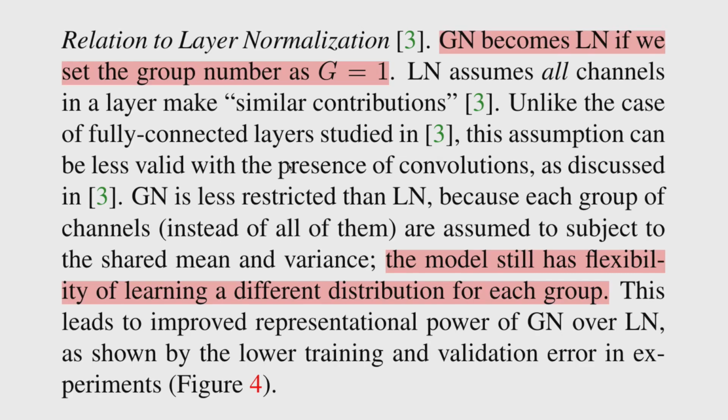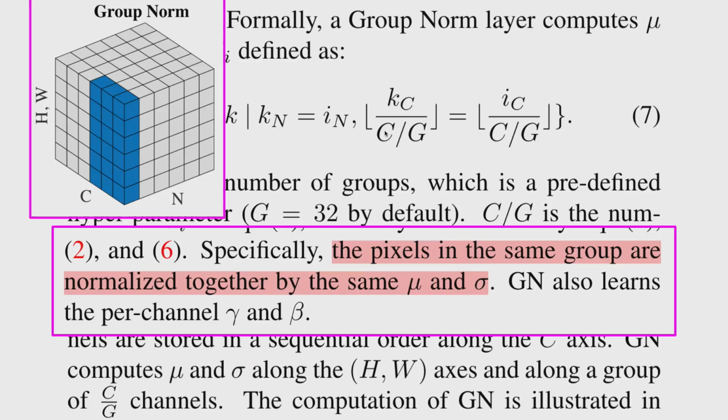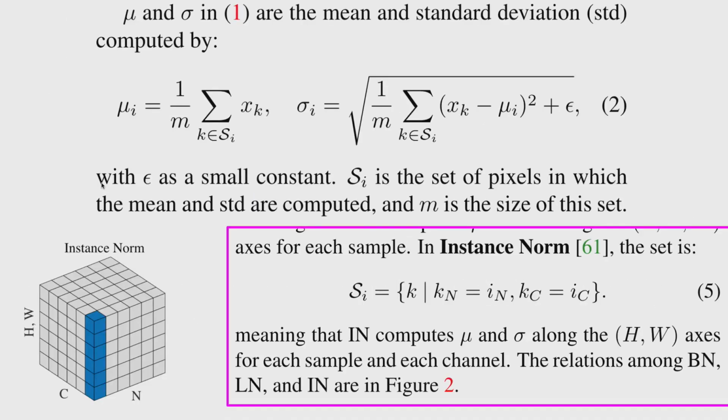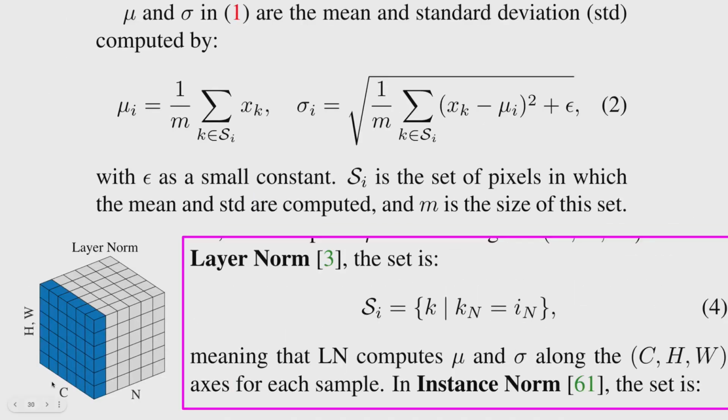Okay, going back to some of the relationships between group normalization and other normalization techniques. So group normalization becomes layer normalization if we set the group number as G equals 1. So in that case, C divided by G is just C, and we're looking at all the channels, which means we're looking at the layer norm situation.